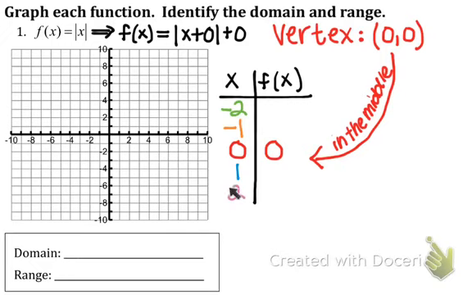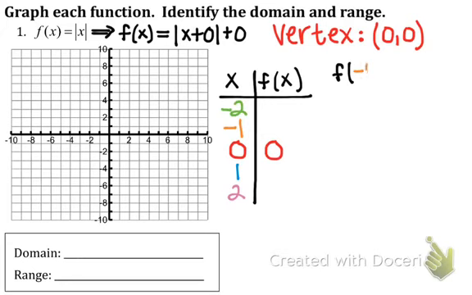So we're going to take all of these values and plug them into our original function over here. So I'm going to erase that just to give myself some more room, and I'm going to start plugging in. So the first value I'm substituting is -1, into my original function.